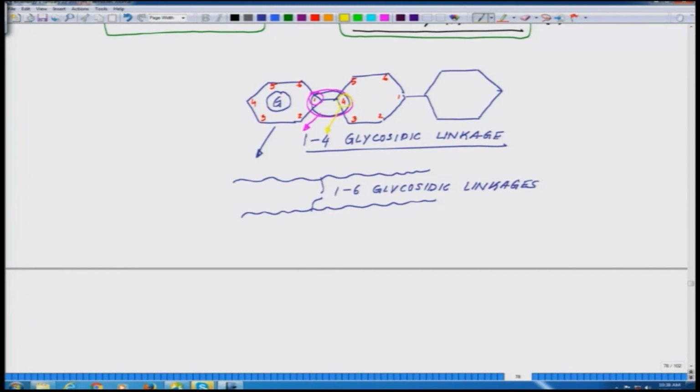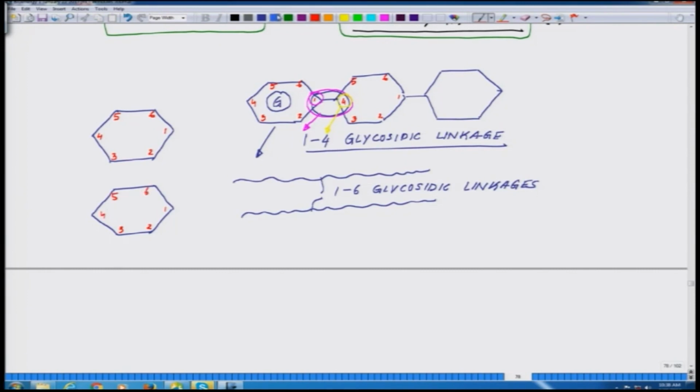Say for example, let me again write 2 glucose molecules. This is one glucose molecule sitting here, numbered 1, 2, 3, 4, 5, 6. Another glucose molecule somewhere out here with 1, 2, 3, 4, 5, 6.